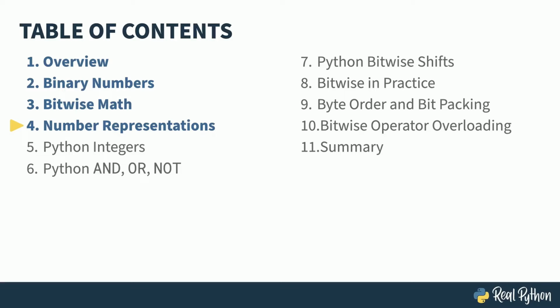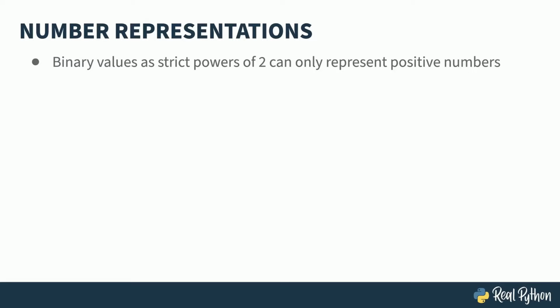In the previous lesson, you learned about bitwise operations. In this lesson, you'll learn all about the different ways binary is used to represent numbers and why that makes bitwise operations have weird results. Binary, outside of the computing world, is a series of powers of 2 which on its own can only represent numbers 0 or greater.